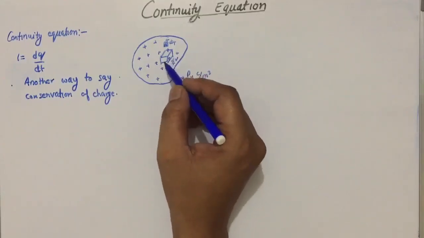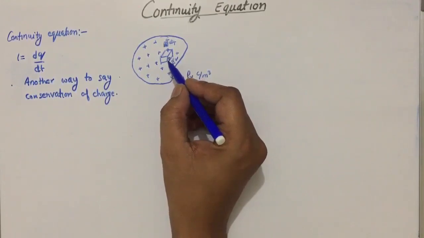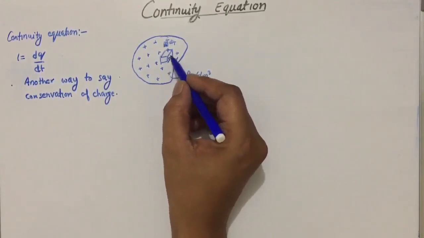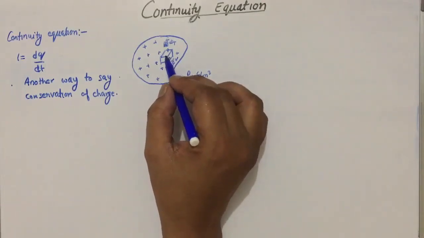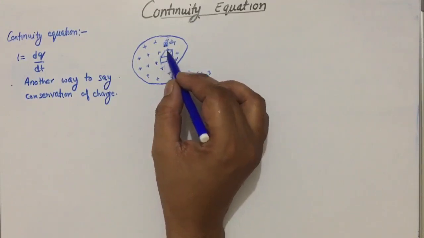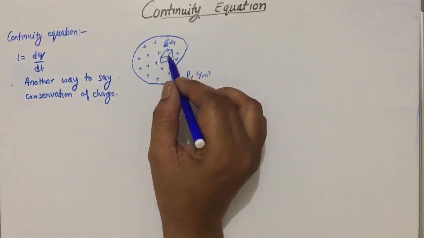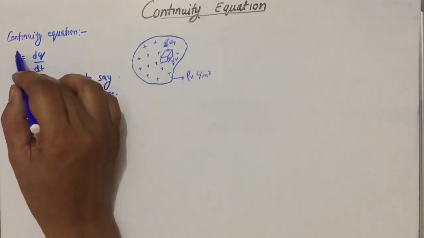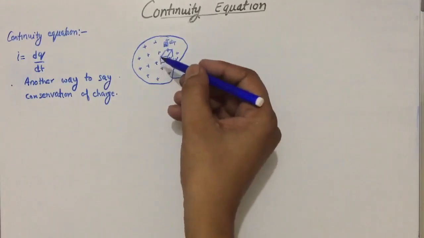Concentrate at this point. If current is flowing outward from this differential volume, then the inside concentration of charge is reduced, as the current is nothing but flow of the charge.